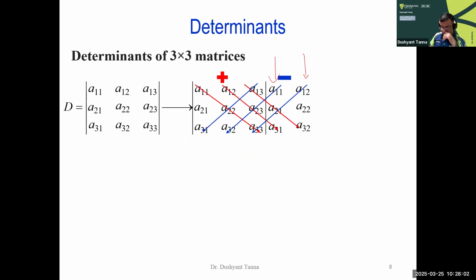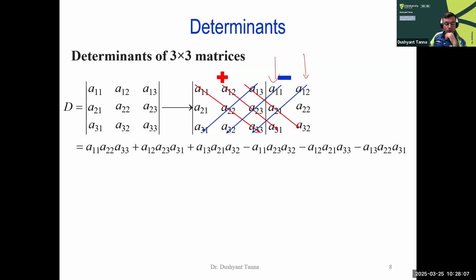If I wanted to do it with the definition, the D will be A_i1 C_i1 plus A_i2 C_i2 plus A_i3 C_i3.